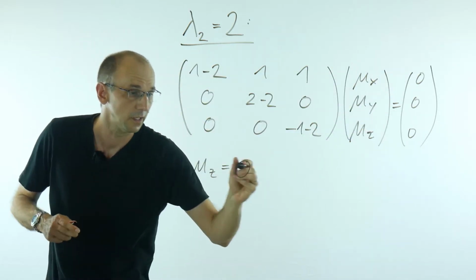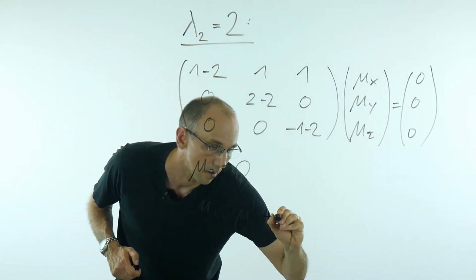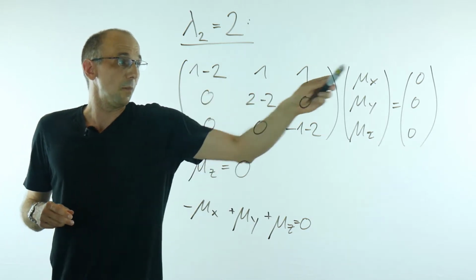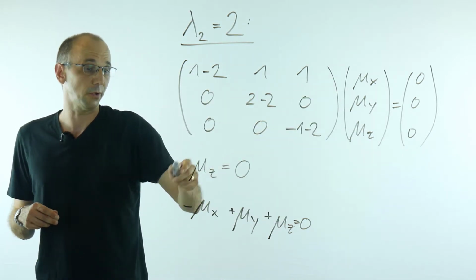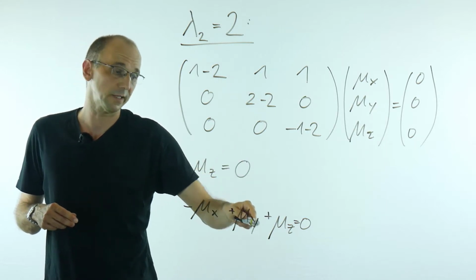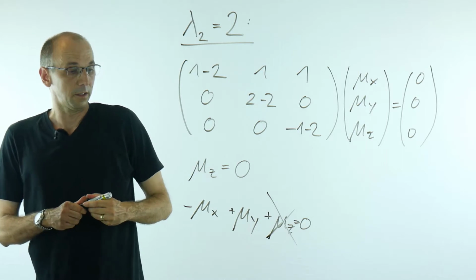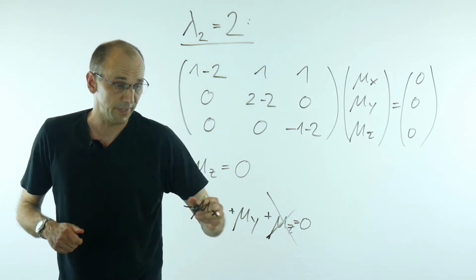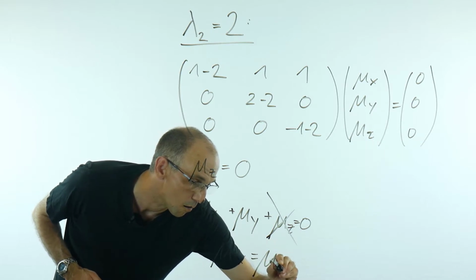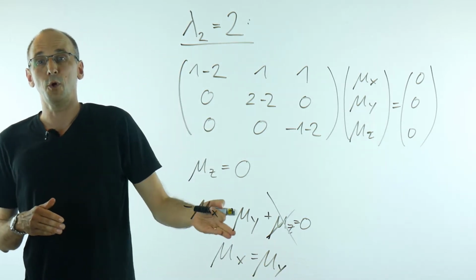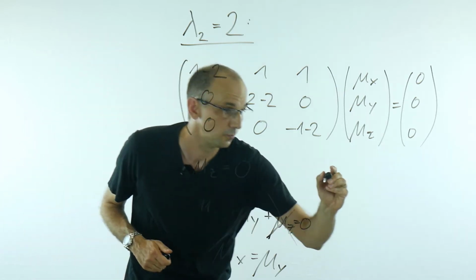Here I have minus mu x plus mu y plus mu z is equal to 0. Okay, if I look at the mu z, that's 0. So this equation just means mu x is equal to mu y, and mu y is free to choose.